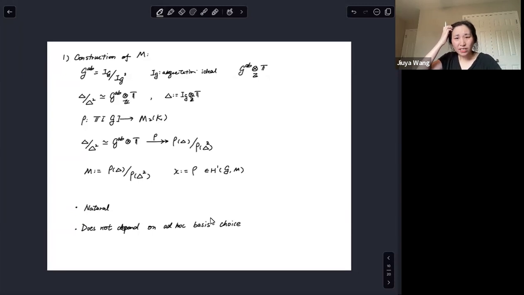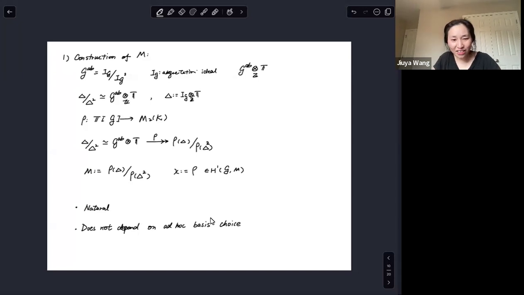It has an obvious benefit that this construction is very natural, and it does not depend on any ad hoc choices of what the basis of the representation should be, and does not need to depend on clever observations of how to do the matrix multiplications. So it is really a very natural thing to do.